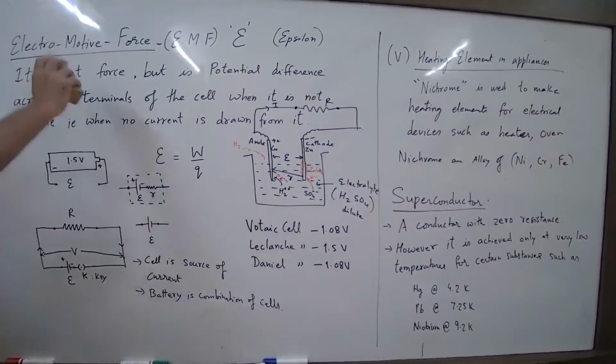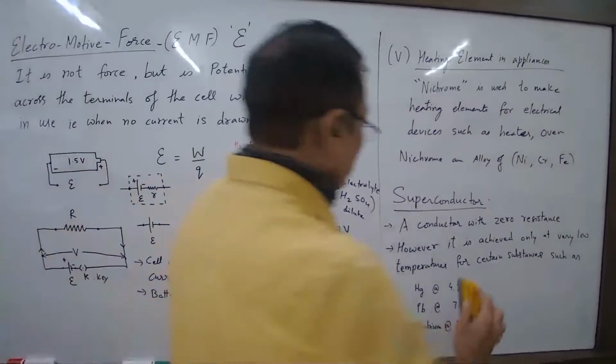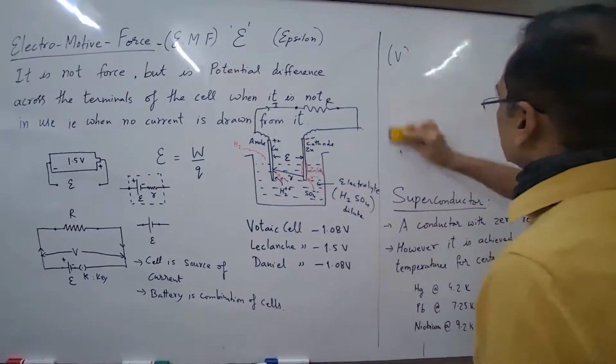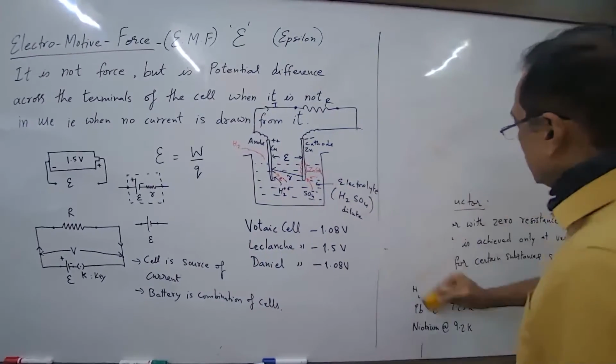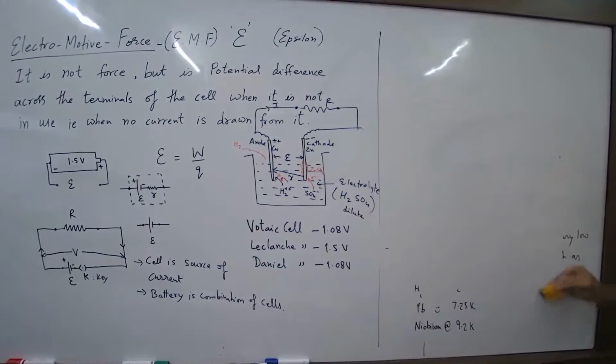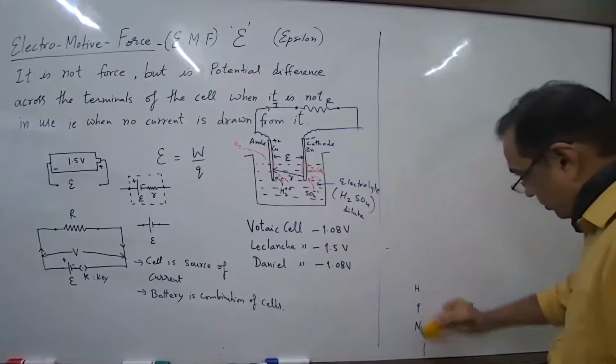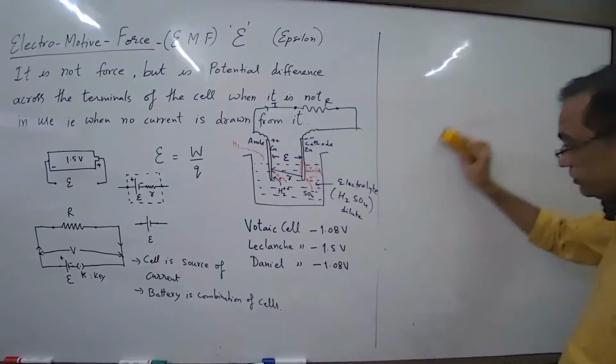So I have explained EMF. There is one more definition of EMF. Since EMF is a potential difference only, it has to be defined in this form. So what is that? Work done.